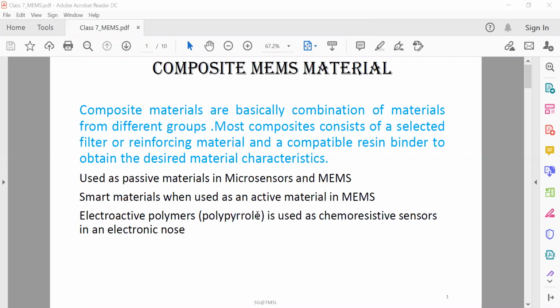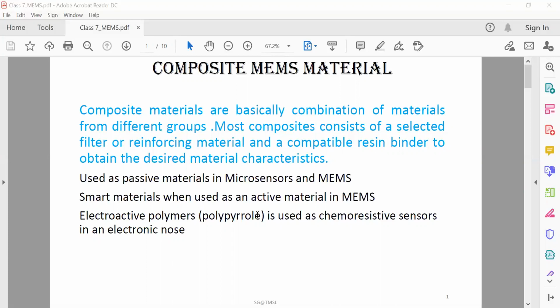If you search for electronic nose on the web, you will see what it is and how it can be formed; it is an artificial nose. In that case, the chemoresistive material polypyrrole can be used. An electronic nose is a device which can sense different gases, and that is why it is known as an electronic nose.